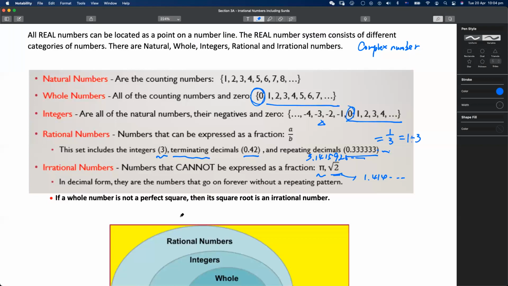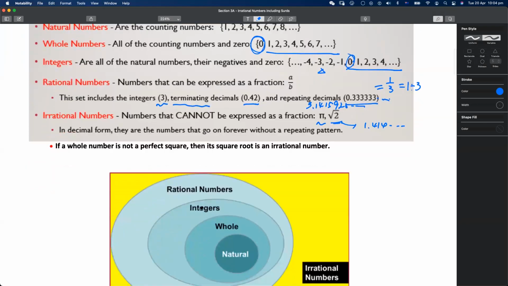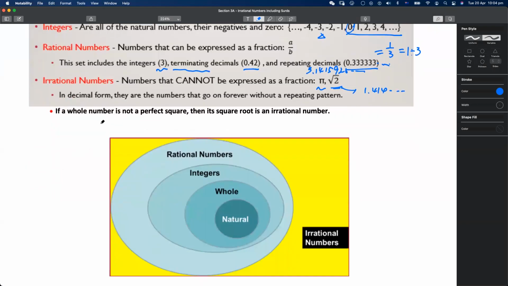If a whole number is not a perfect square, then its square root is an irrational number. Perfect square numbers would be like 1, 4, 9, 16, and so on. This is like 1 squared, 2 squared, 3 squared, 4 squared, and so on. So if this whole number is like 25, it's a perfect square. If you take the square root, that's going to give you 5, so that's an integer.